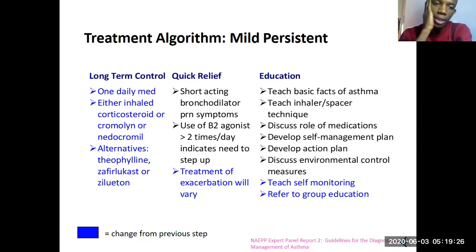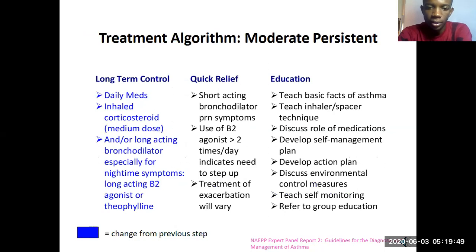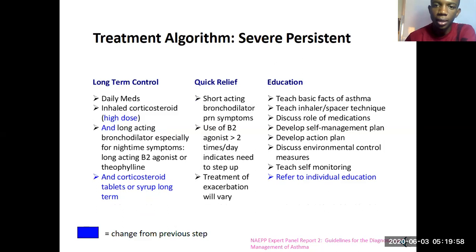The alternatives can be theophylline and zafirlukast or zileuton. For quick relief, there should be a short-acting bronchodilator as required, and use of a beta-2 agonist more than 2 times a day indicates that you need to step up. The treatment of the exacerbation will vary. The education still remains the same, just as in moderate persistent.